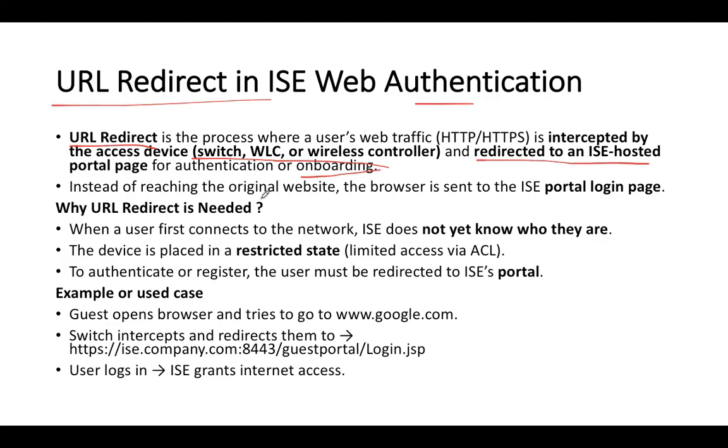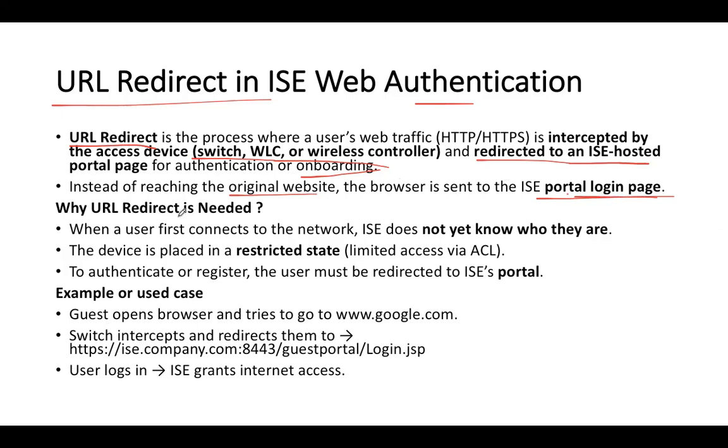So instead of reaching the original website, the browser is sent to the ISE portal. The URL redirect, the one I just explained before, would redirect your traffic to ISE, where ISE would actually present the portal login page.